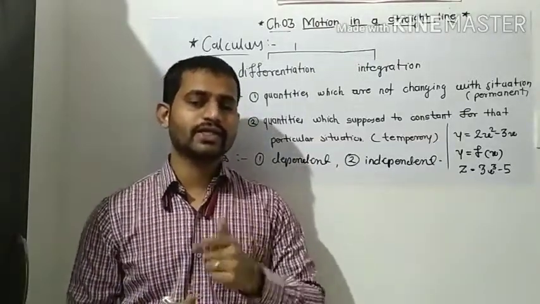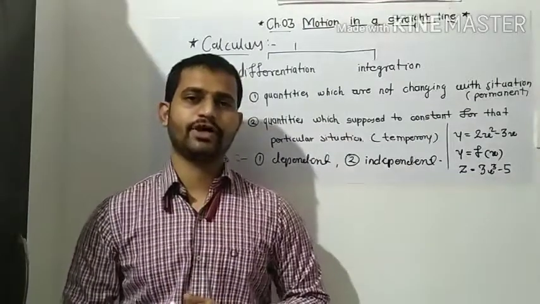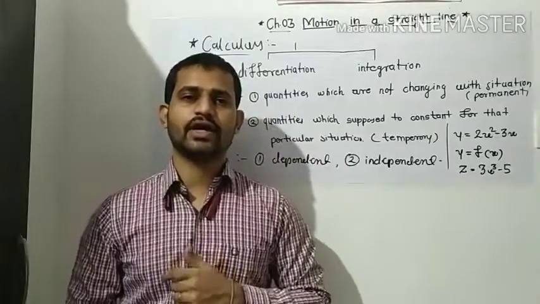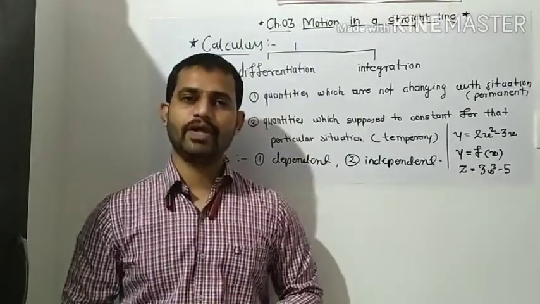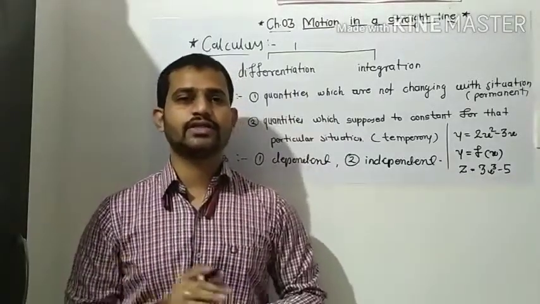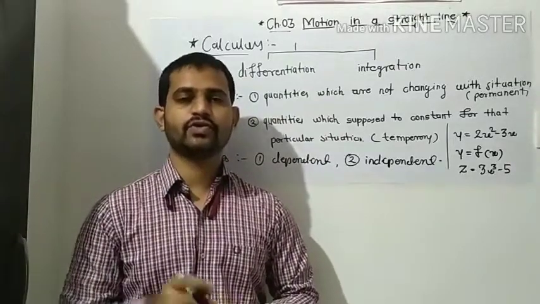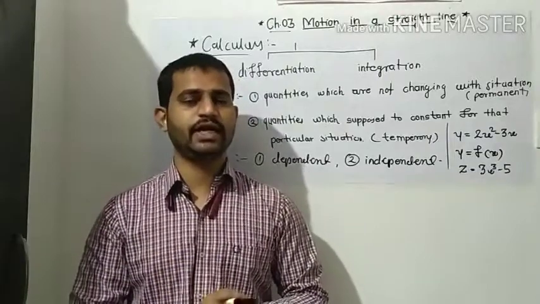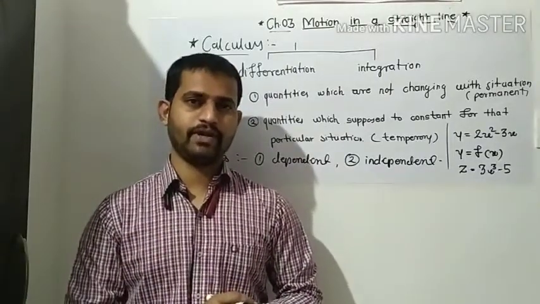Then we can say that x is the function of theta, and in this case x is the dependent variable and theta is the independent variable. So according to the situation, these terms change, which one is the independent and which one is the dependent variable.